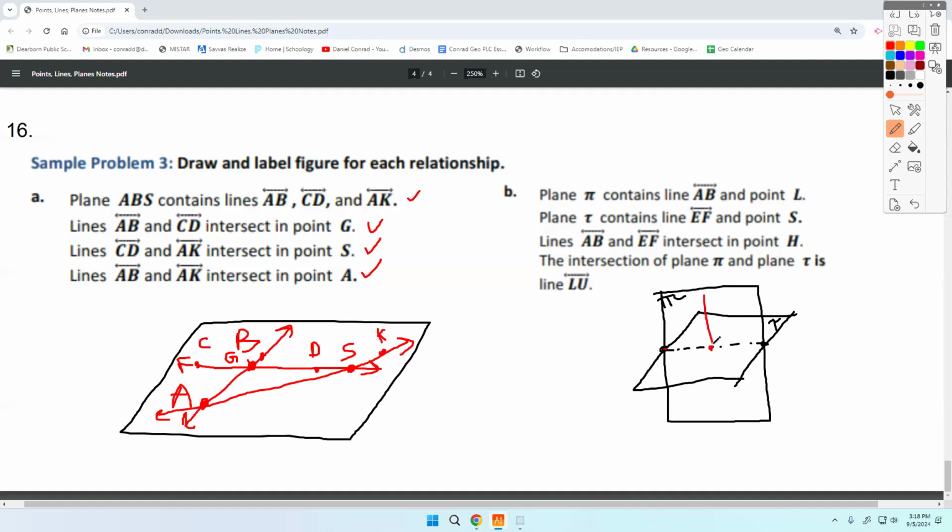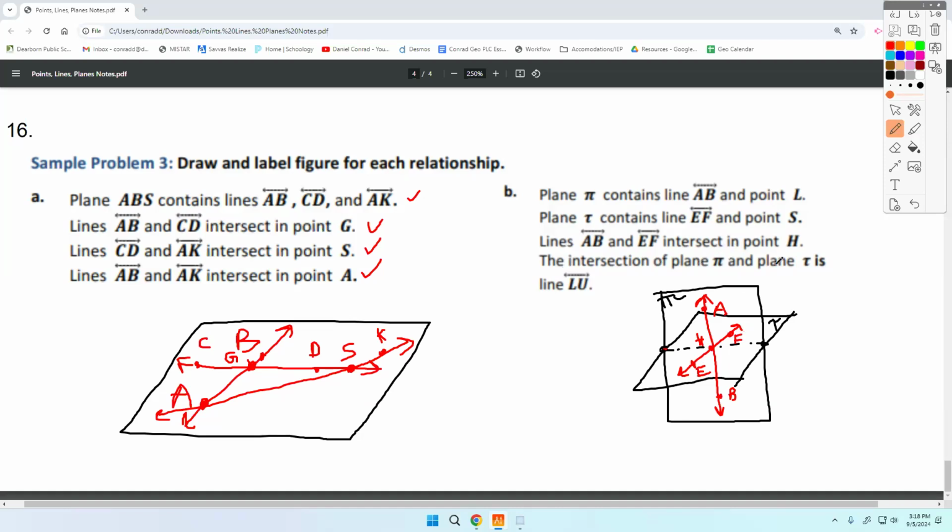So I'm going to have a line coming down. I'm going to have a line going this way. And they're going to meet at H. So this one is going to be in pi. I'm going to have AB. And then this one's going to be E and F.